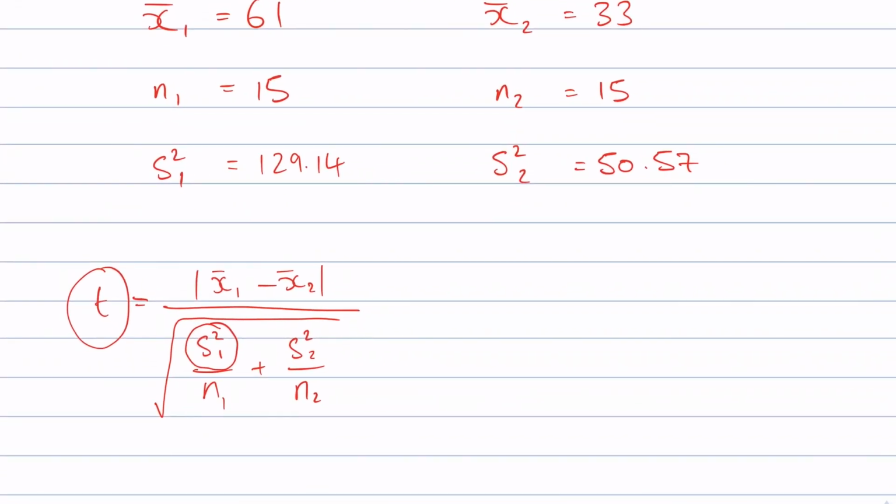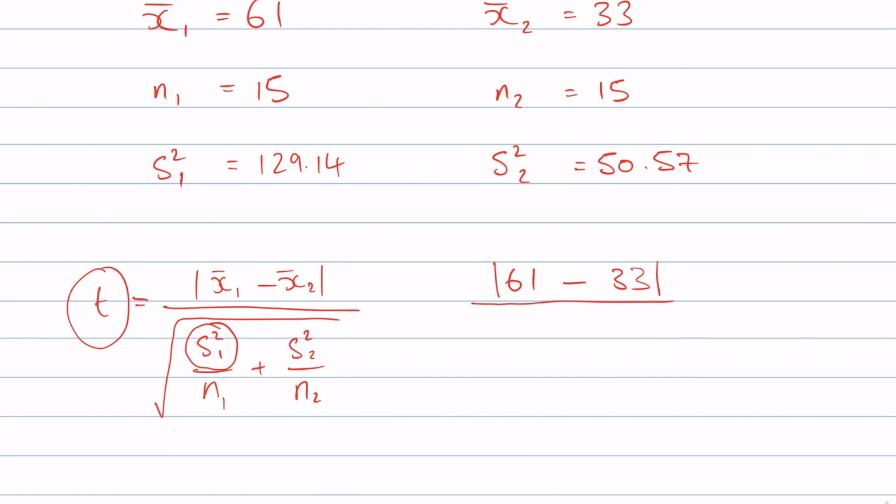So essentially you're just replacing all our symbols now with numbers. The mean of the first population was 61 minus 33. Remember, at this point you could get a negative value. Maybe our second population had a higher average. That's fine, because the modulus sign means that whatever number you get, you take the positive value, even if you had got a negative value at this point.